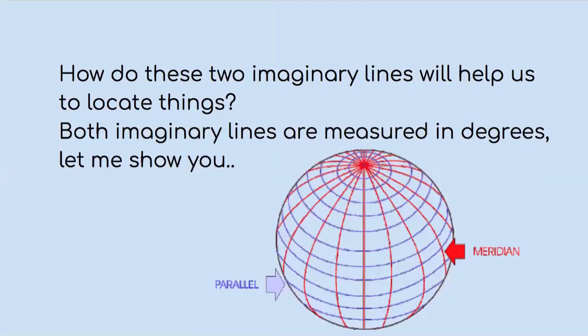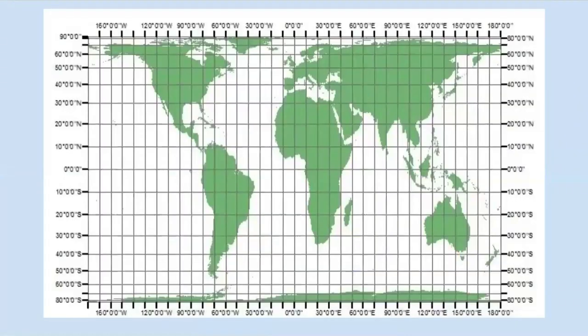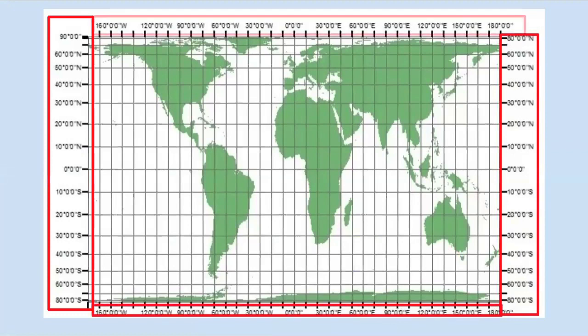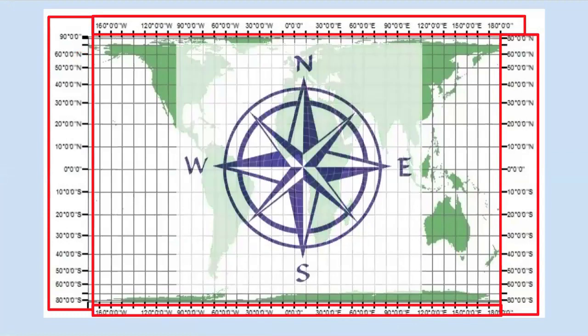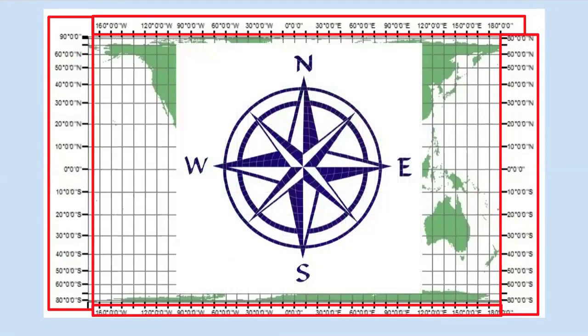How do these two imaginary lines help us to locate things? Both imaginary lines are measured in degrees. Here, let me show you. Look at this map. Do you see it is a grid? Look at the sides. Do you see the letters? Well, the letters stand for the cardinal points, north, south, west, and east.